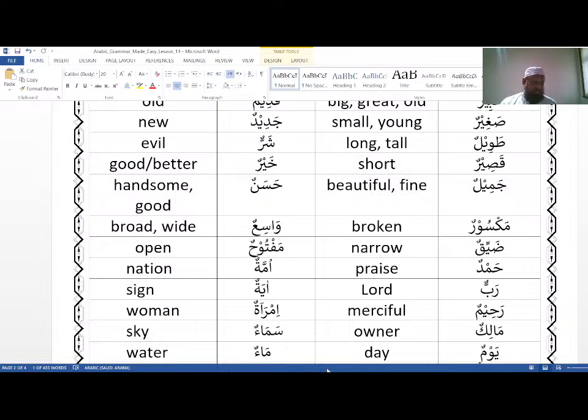Yes. Ma'un. Yes, according to the rule, it's supposed to be muannas, but remember we said there are some exceptions. Ma is an exception, it is mudhakkar. Just have to remember, yes, ma'un is always used as mudhakkar.